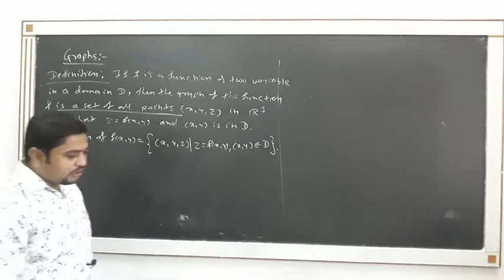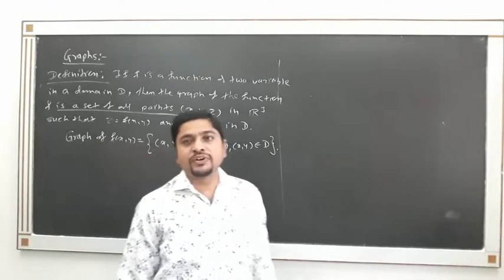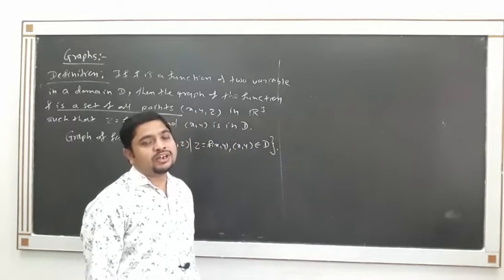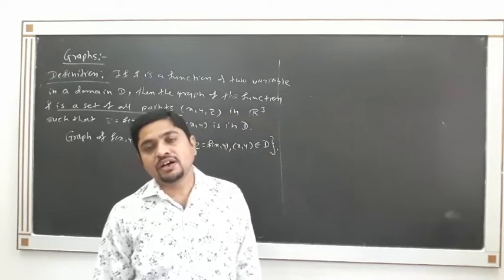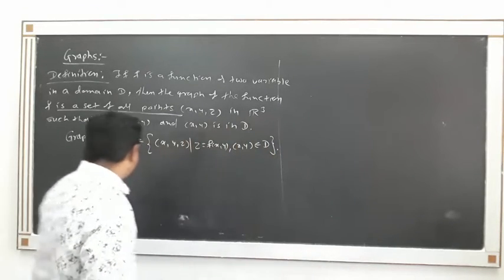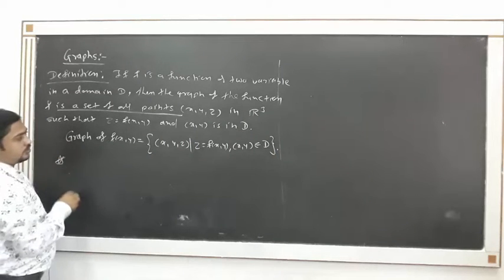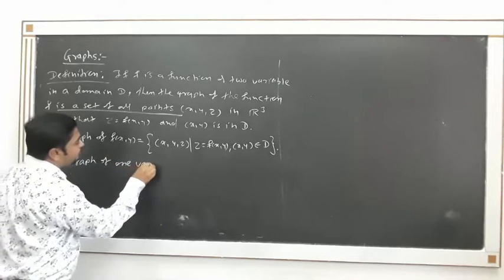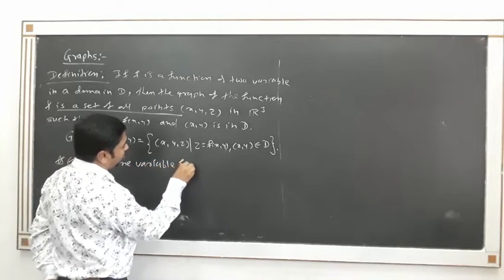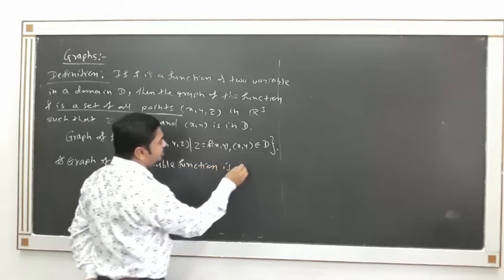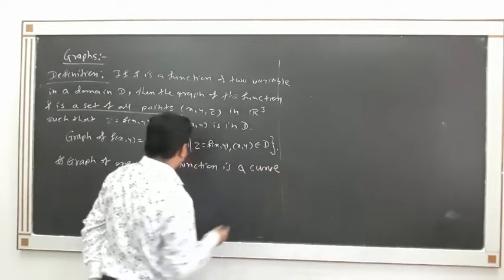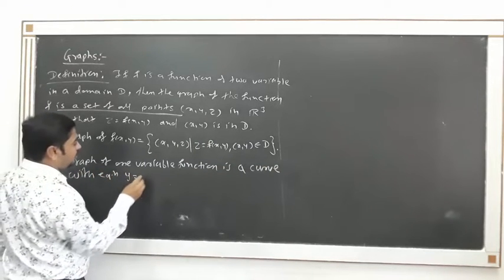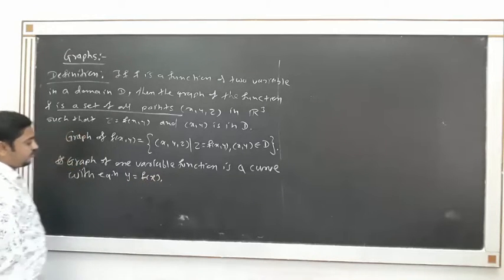Earlier we also discussed the graph of a function of one variable, and at that time we saw that the graph of a function of one variable is a curve, with equation y is equal to f of x.